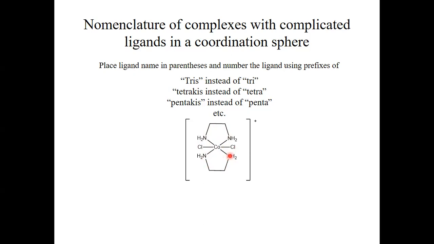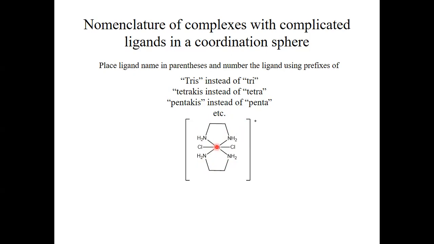First we need to realize that the chloro ligands come first in the alphabet before the ethylene diamine. So the name would start out with dichloro. And then we would number the 2 ethylene diamine ligands. So the name would continue with bis, and then ethylene diamine placed in parentheses, and then cobalt.